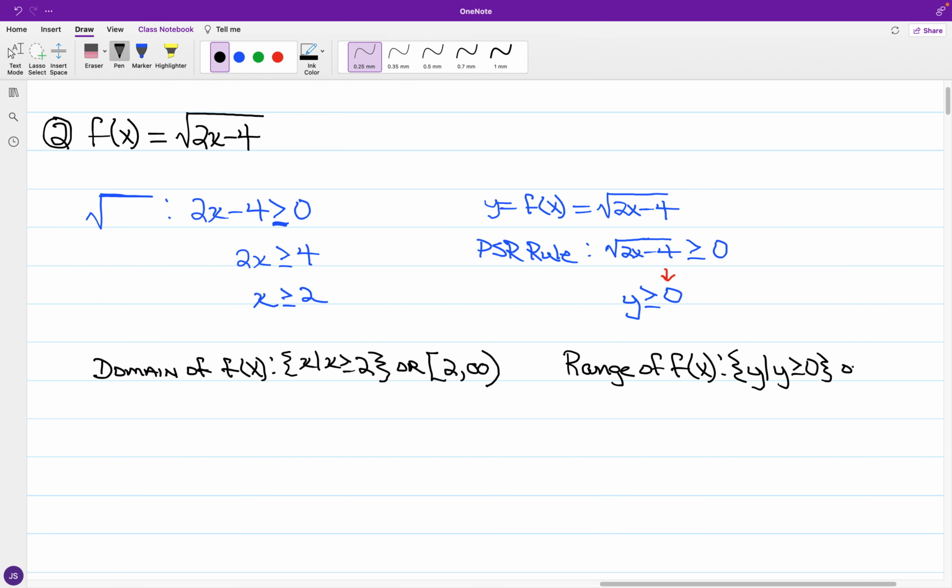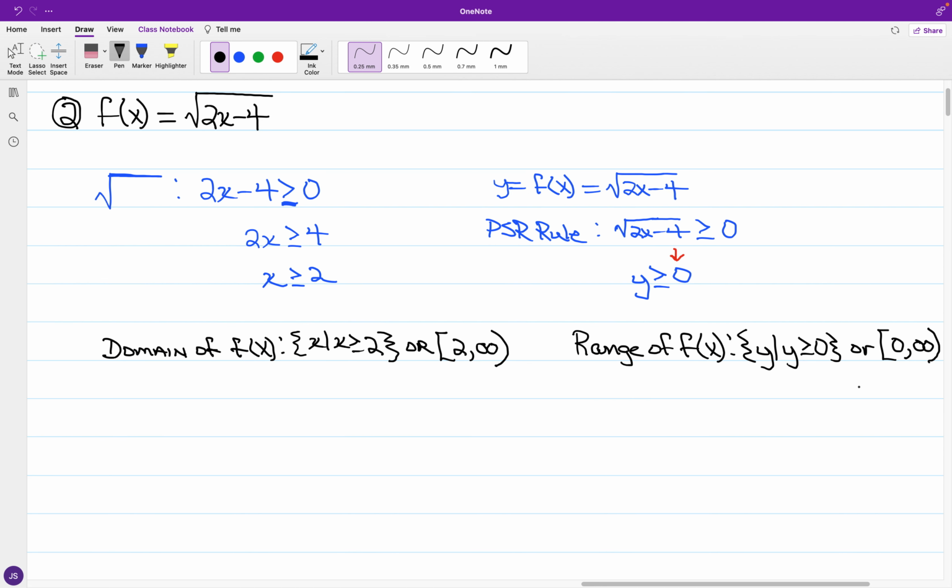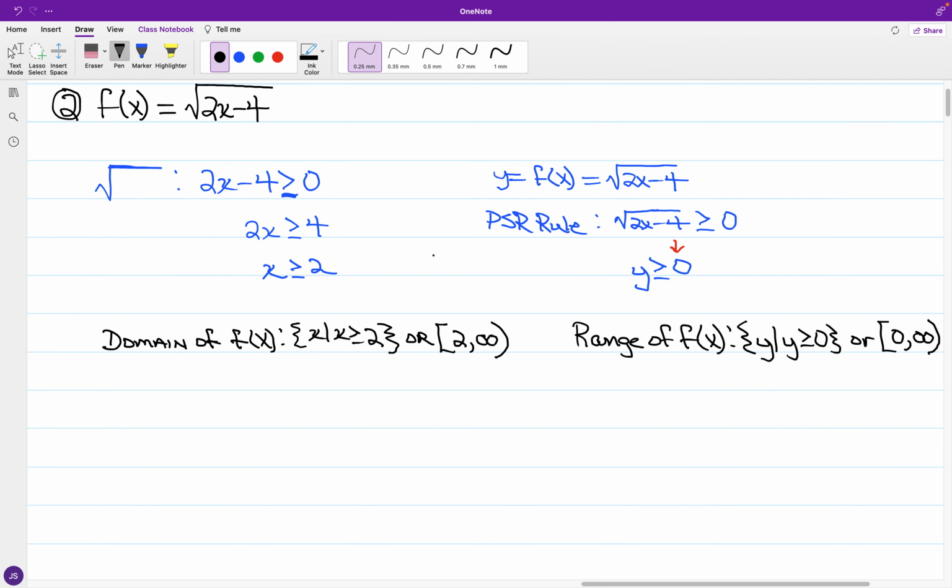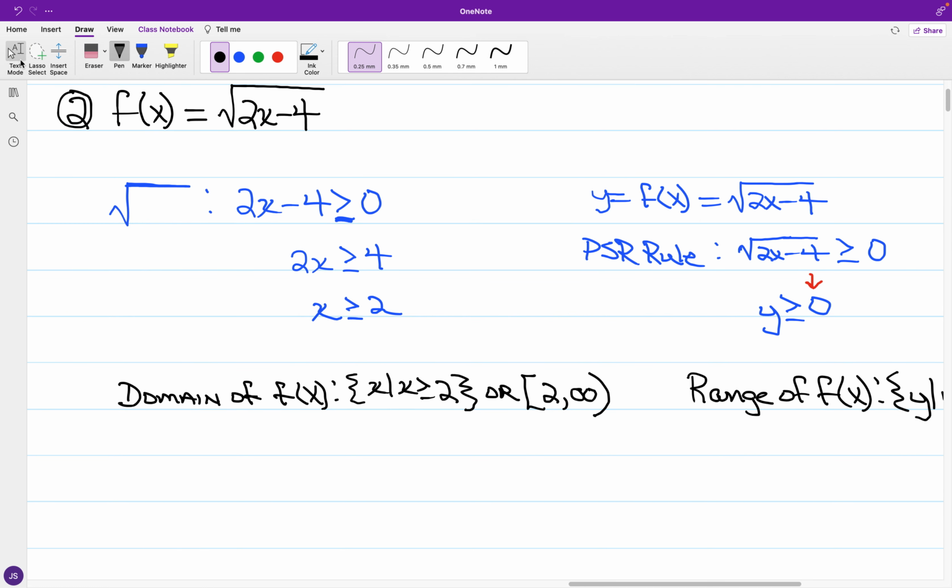And you can also use interval notation in the variable y. In this case, we have a bracket around 0, and again, we have parenthesis around infinity. Now, even though we have not arrived at the inverse, we can go ahead and identify both the domain and the range of the inverse.